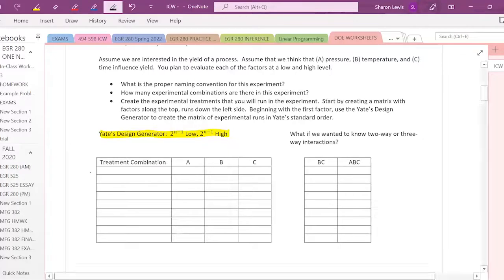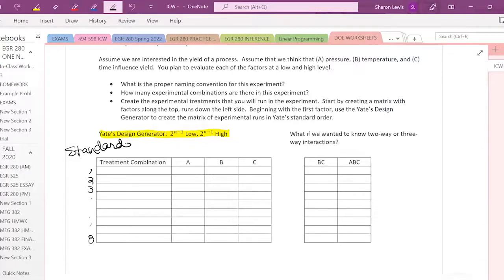For example, this is the first run, this is the second run, this is the third run, all the way down to the last run that we're going to make. This is called standard order. So we're going to create our design in standard order. When you go to run these experimental trials, though, you're going to run them in random order.